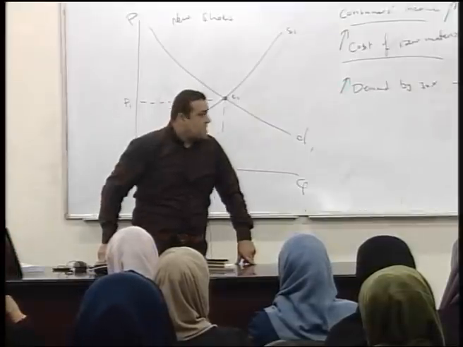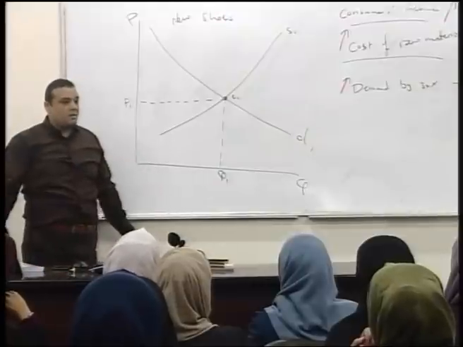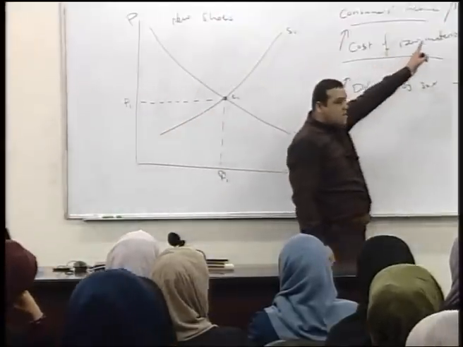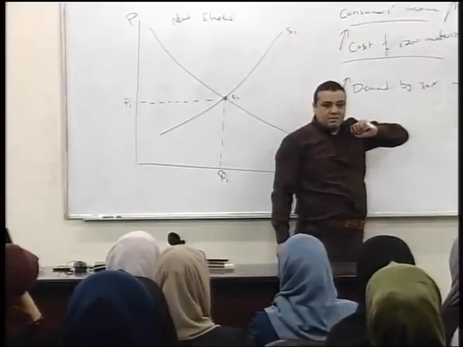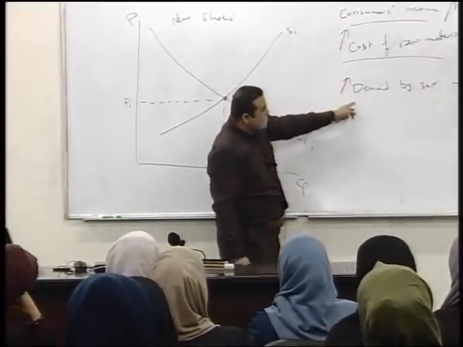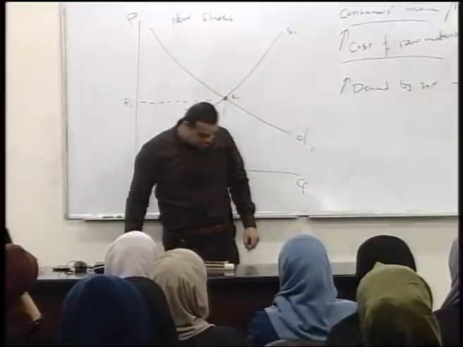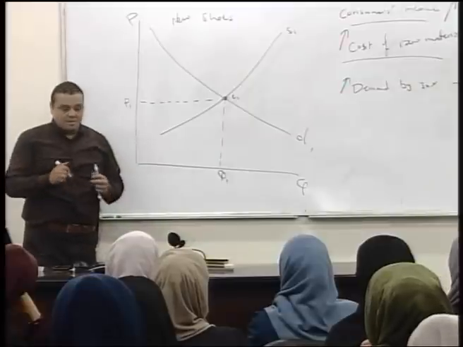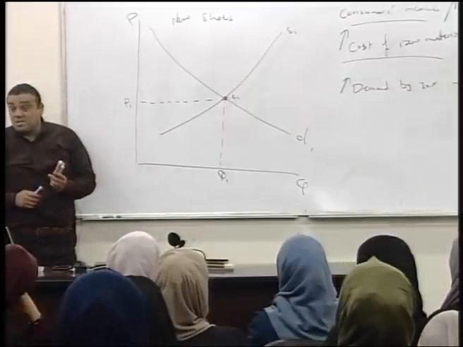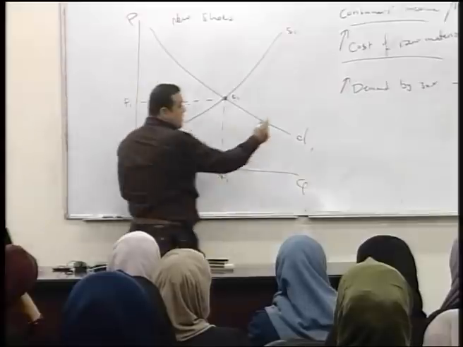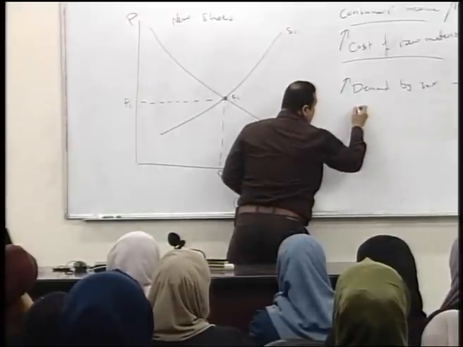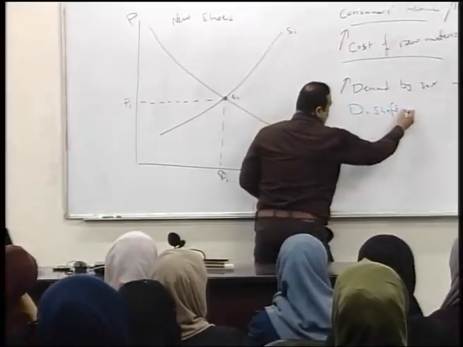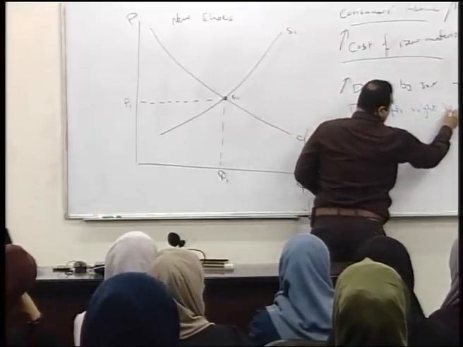Okay? This is the original situation here. According to our assumption, the consumer's income goes up by 30%. This leads to increasing demand by 30% as well. So here we have rightward shifting in the demand curve. So demand increased by 30%, so demand shifts right by 30%.